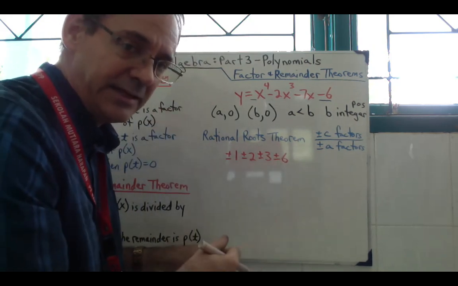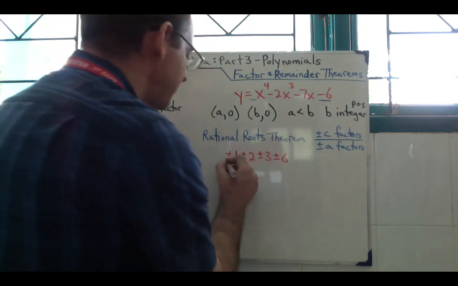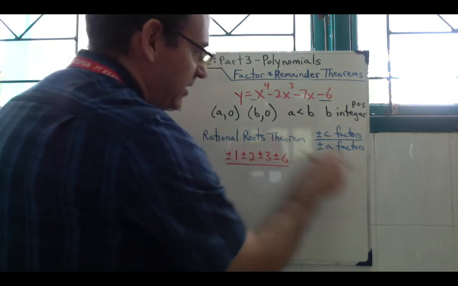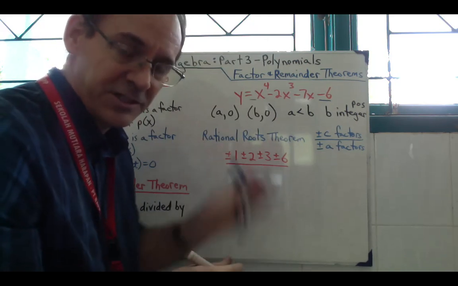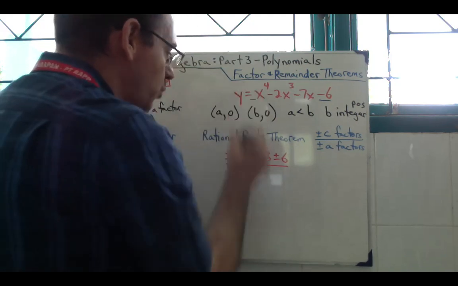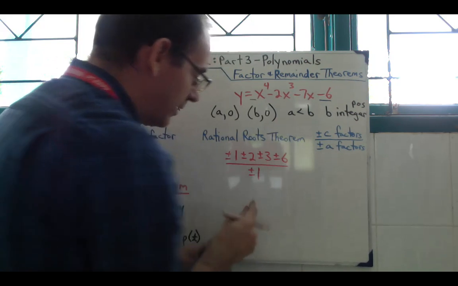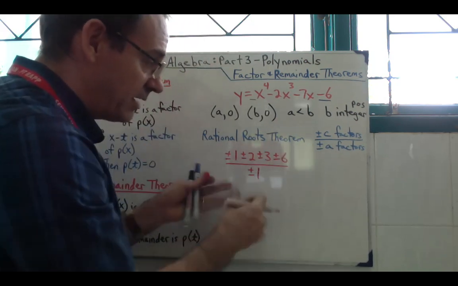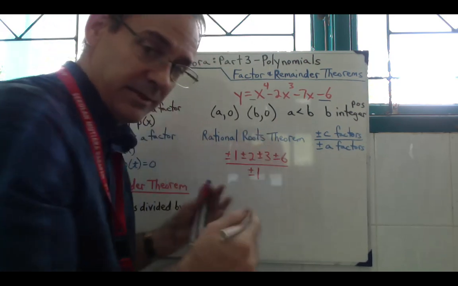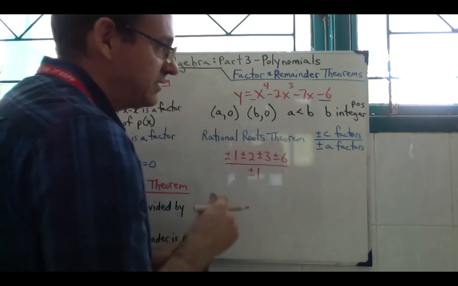Factors mean they divide evenly: 1, 2, 3, and 6, divided by the plus or minus factors of the lead coefficient, the A term, which is 1, so plus or minus 1. Well, obviously, if you divide anything by 1, you just get itself. So we just have 1, 2, 3, and 6.